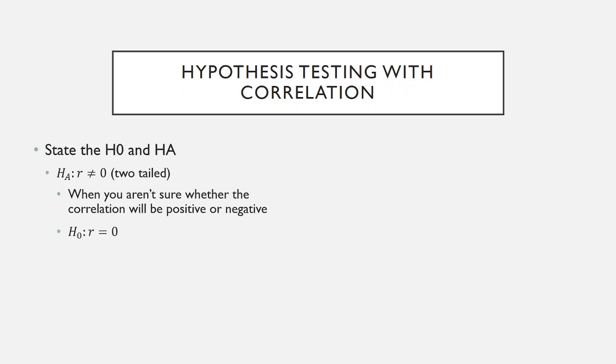So we can apply hypothesis testing through all its steps to a correlational analysis. You want to state the null and the alternative hypothesis for your reference. Here's where you're going to decide if you're going to use a directional or a non-directional approach.